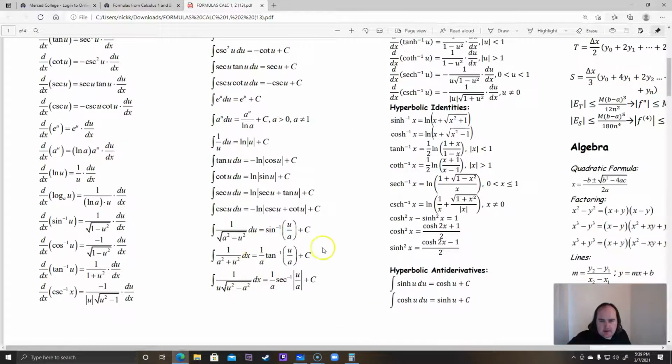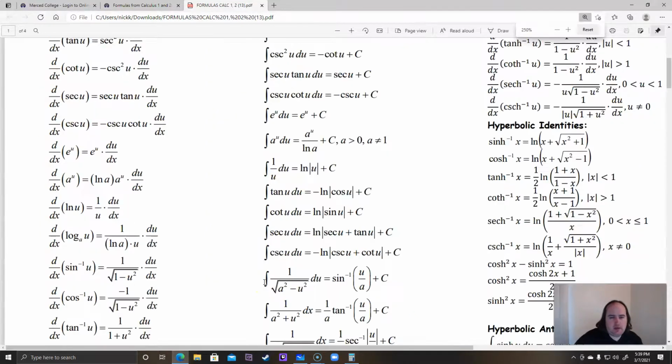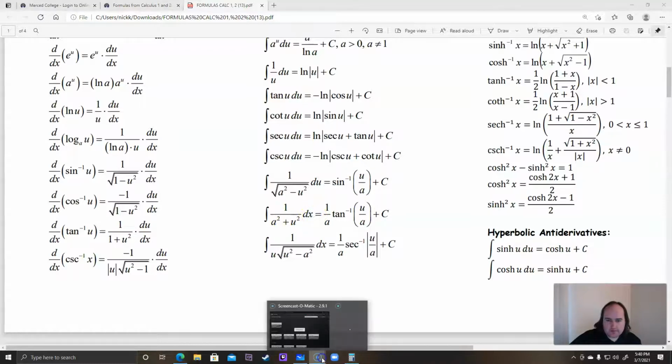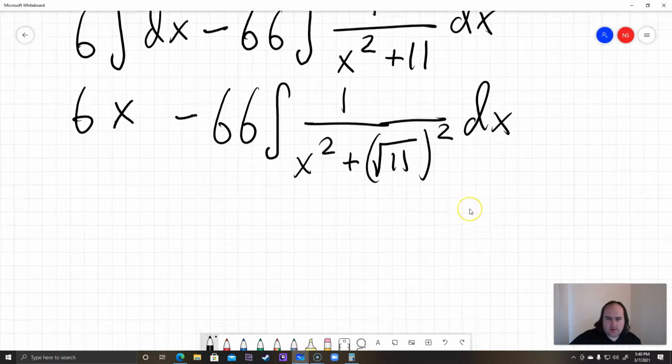Looking at these forms here, if I zoom in, the integral of 1 over a squared plus u squared du equals 1 over a tan inverse of u over a plus c. So the integral of 1 over a squared plus u squared du is the formula we're going to be using.